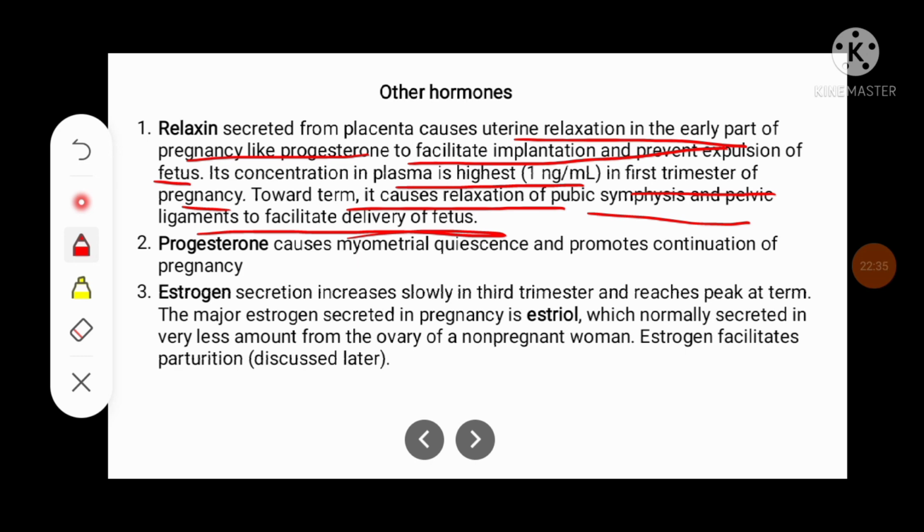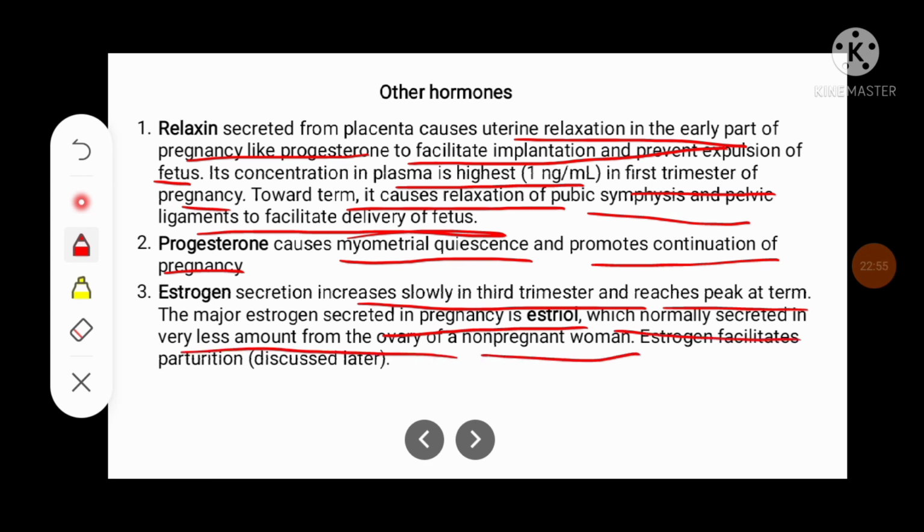Progesterone causes myometrial quiescence and promotes the continuation of the pregnancy. Estrogen secretion increases slowly in the third trimester and reaches a peak at term. The major estrogen secreted in pregnancy is estriol, which normally is secreted in very small amounts from the ovary of a non-pregnant woman. Estrogen facilitates parturition.